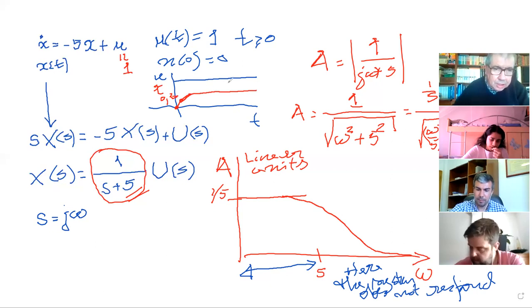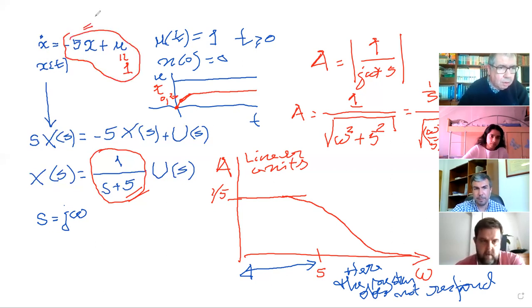So this is the static gain. This is the static gain. So you make x dot equal to 0, you solve it with respect to x in steady state, so it's 1 divided by 5. If you make everything here equal to 0.